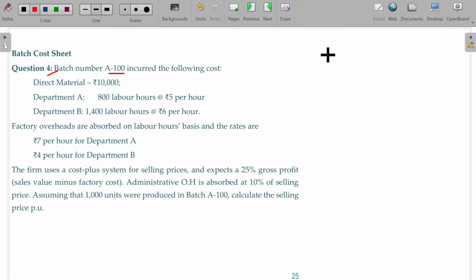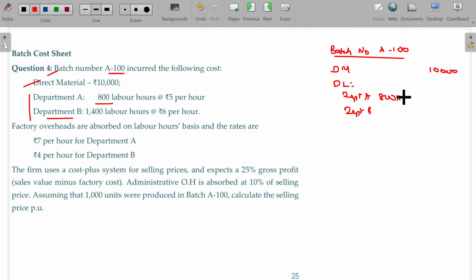Batch number A100. Direct material 10,000 and direct labor: for department A, 800 hours at rupees 5, 4,000; for department B, 1,400 hours at rupees 6 per hour, 8,400.